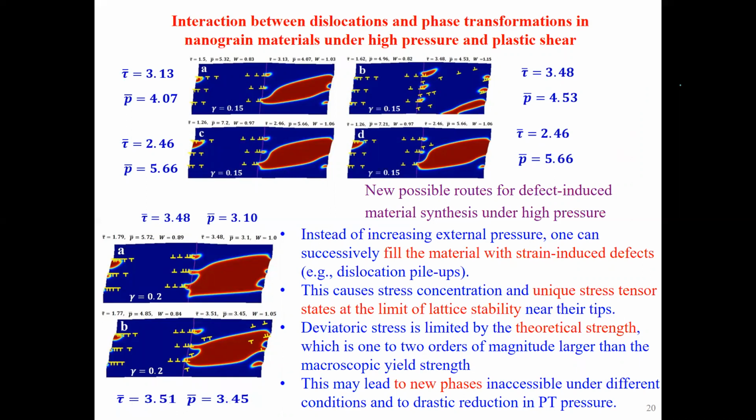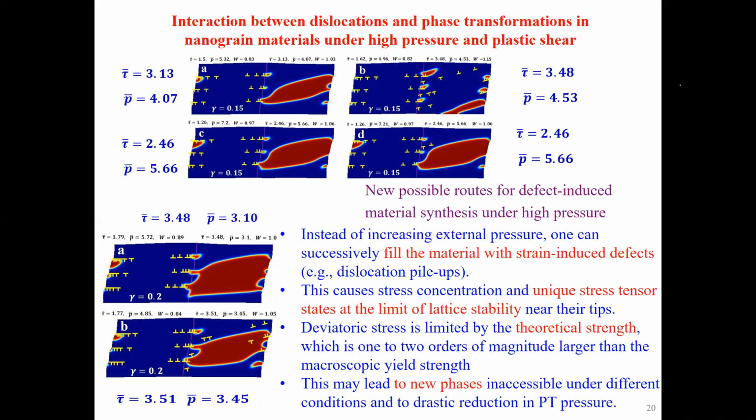And now I want to summarize this result as new possible routes for defect-induced material synthesis under high pressure. So instead of increasing external pressure, one can successively fill material with strain-induced defects like dislocation pileups, and they cause a strong stress concentrator of all components of the stress tensor. Because of the large number of dislocations, it can be very high. And also deviatoric stresses are limited by theoretical strengths, which is 1 to 2 orders of magnitude larger than macroscopic strength.